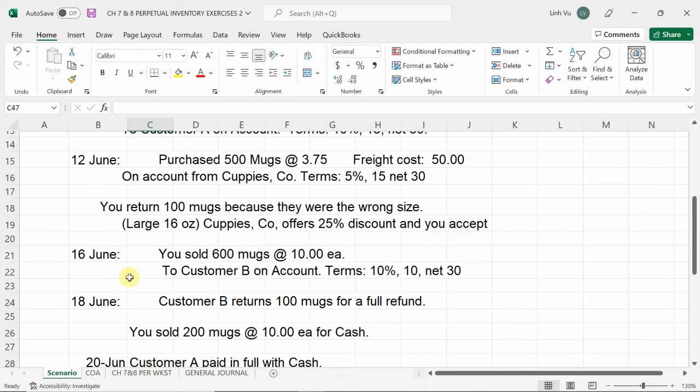So how do I journalize this transaction here? What happened here? You return the mugs. And what else happened? You received the discount.